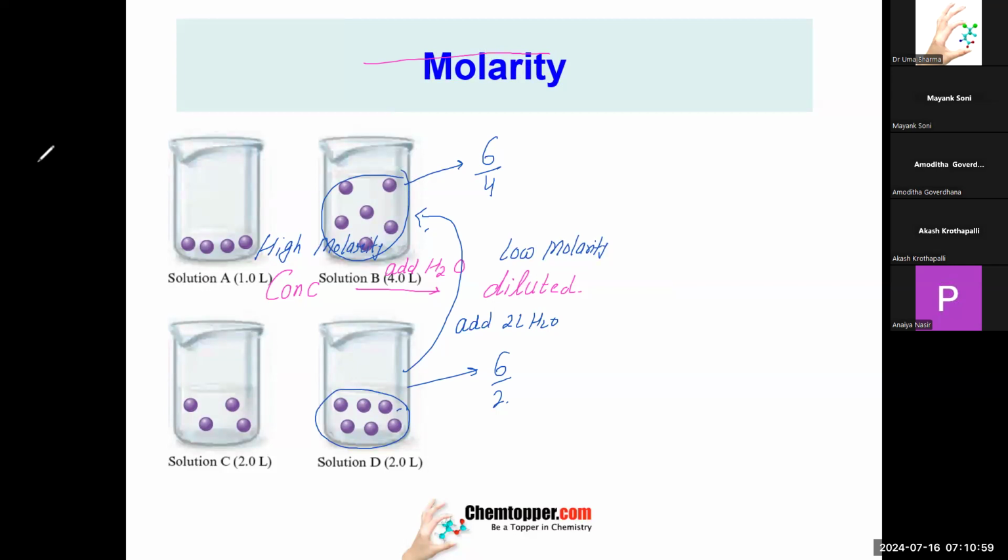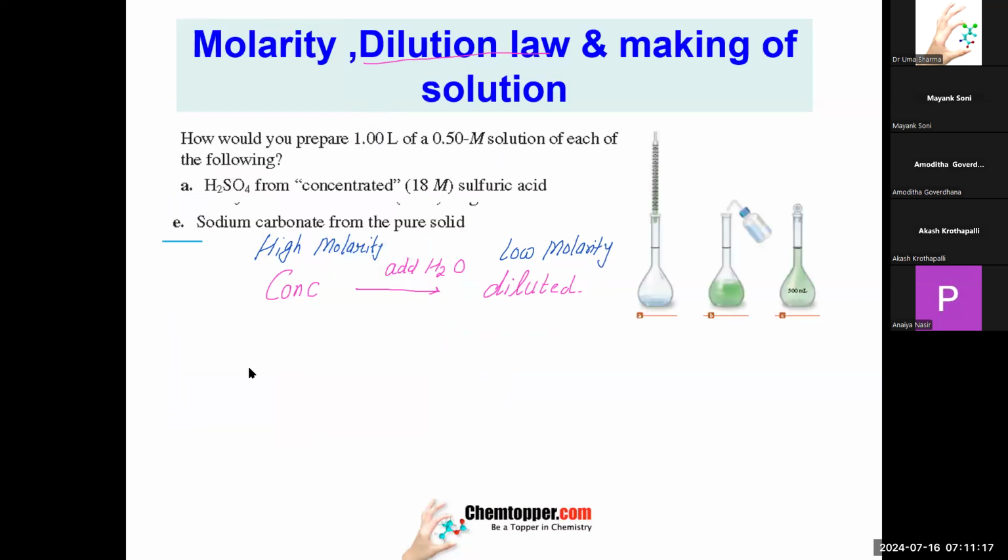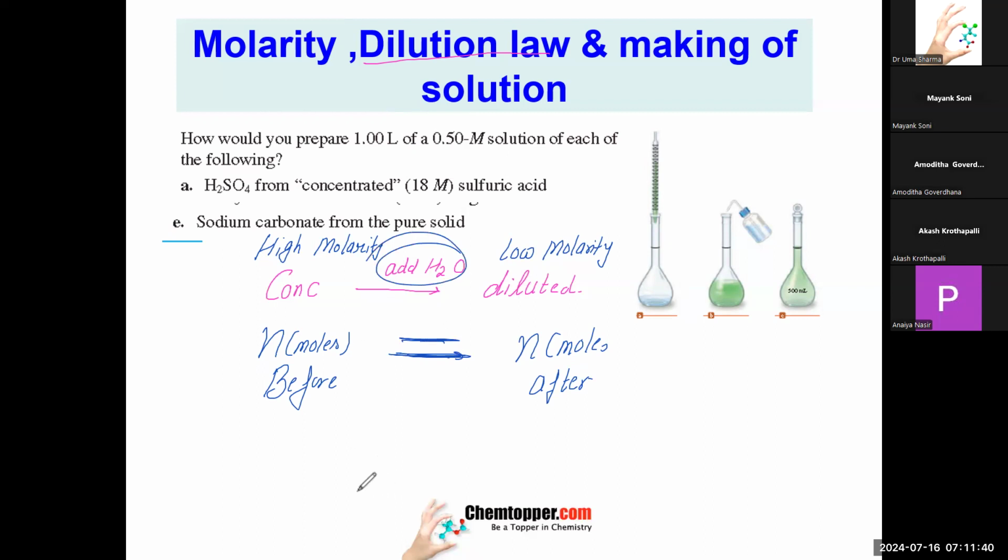So remember this equation: during dilution, the number of moles before dilution and the number of moles after dilution remain the same. No change. So what does it mean? It means that moles before dilution and moles after adding water are equal, because you are adding water only.